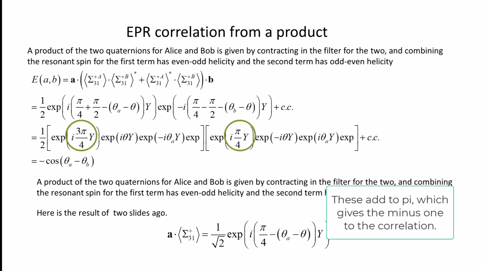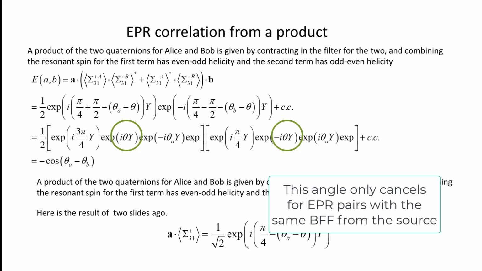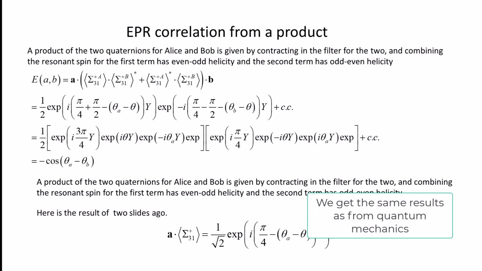These combine to give a phase of pi between the two, which gives the required minus sign in the correlation. Note that the common angle theta cancels, and the final result gives the desired quantum correlation of minus cosine theta A minus theta B. This is the same result as from quantum mechanics.